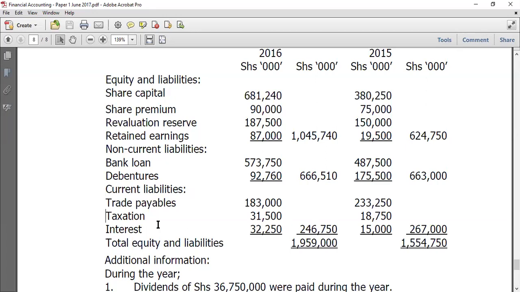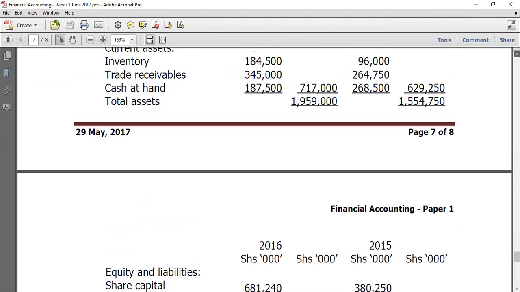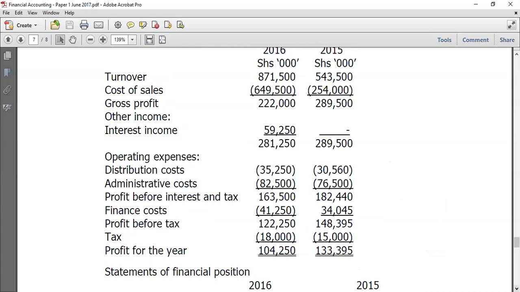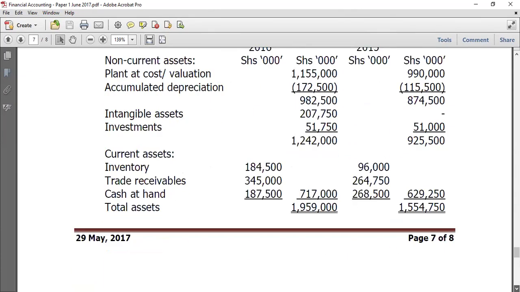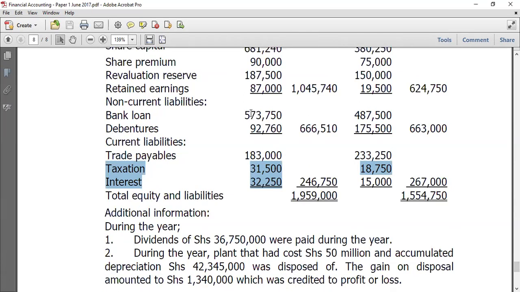I just wanted to share with you something small when it comes to interest and taxation. Like I said, we have some values here, and then we also have some values in our statement of financial position. Remember what I said, that what we have within our cash flow statement is that they want us to determine what was actually paid.